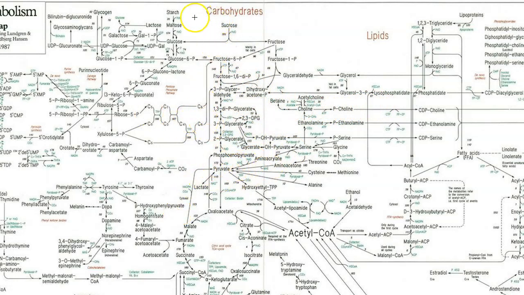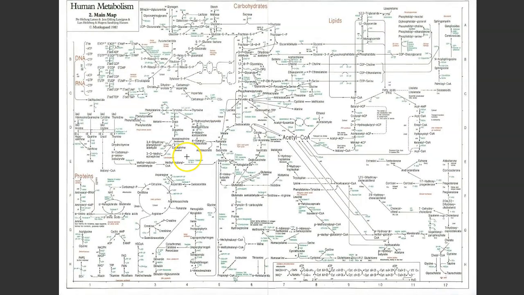Even the carbohydrates: we have glycogen, we have starch, we have sucrose, which is table sugar, we have fructose, which is in fruit. They all can feed into this pathway at different times. So I just don't want to give the impression that there's just one way in, one way out. It's a very complex, intertwined metabolic scaffold.